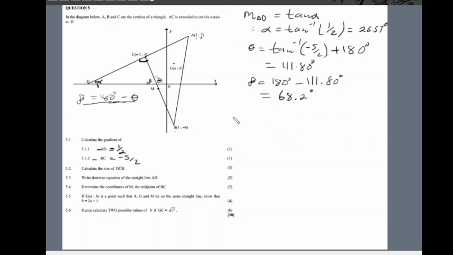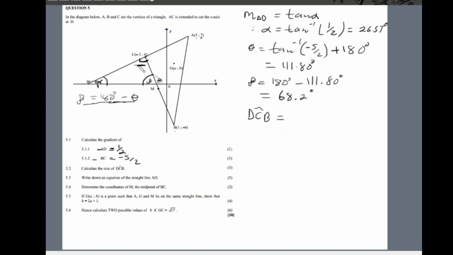Right, so now I have angle beta, I have angle alpha. I can calculate that angle DCB. Right, so the angle DCB will be equal to, the sum of angles in a triangle is equal to 180.